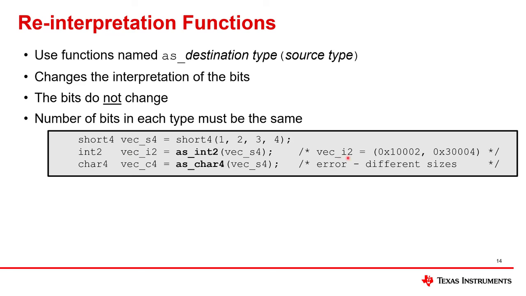And so this is the value that gets assigned to each element in vec i2. That's where the 1 ends up, there's the 2, 16 bits later, and so on. That's how that happened. In this next example, vec s4, we're trying to reinterpret it as a char4. Those are different sizes, so this gets rejected at compile time.